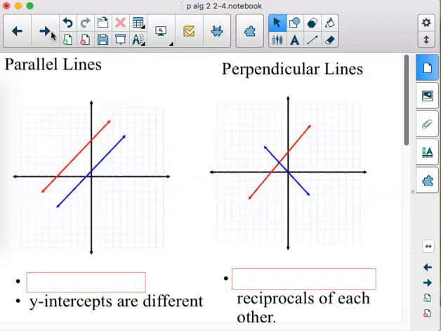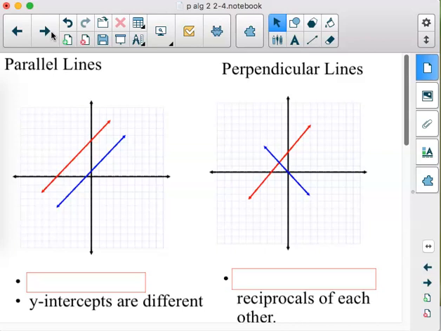Well, look at this. That's a little of the G word. Geometry. Not everybody likes to hear that word again. These are parallel lines. What do you know about parallel lines? Slopes are equal, okay?